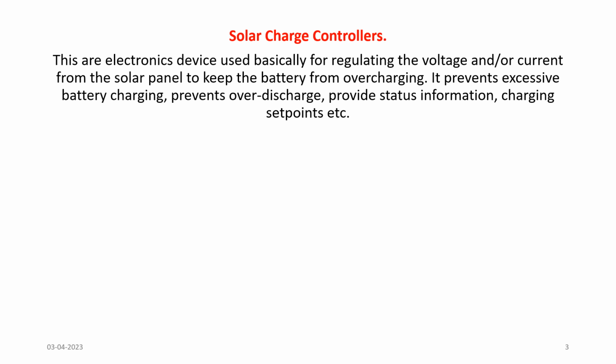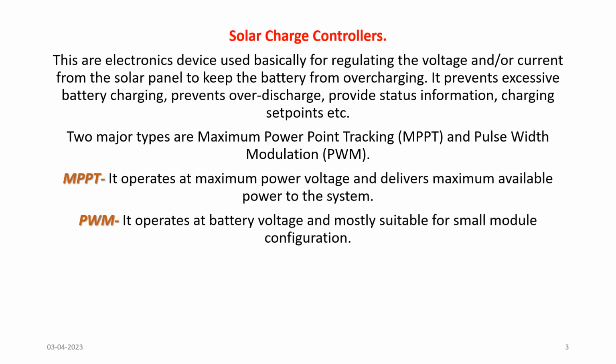And charging set point, what I mean by charging set point, in some charge controllers too, you'll be able to set, maybe it's a flooded battery, maybe it's a VRLA battery, maybe it's a lithium ion battery. You'll be able to set accurately the charging voltage, the charging current, and that's what I mean by the charging set point.